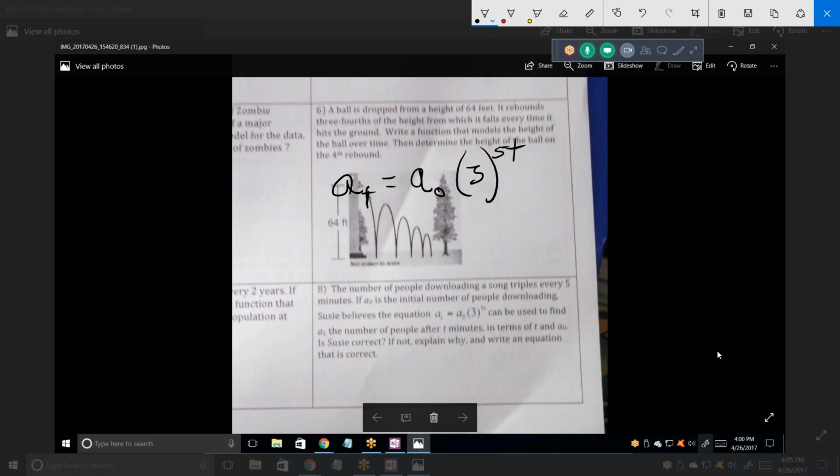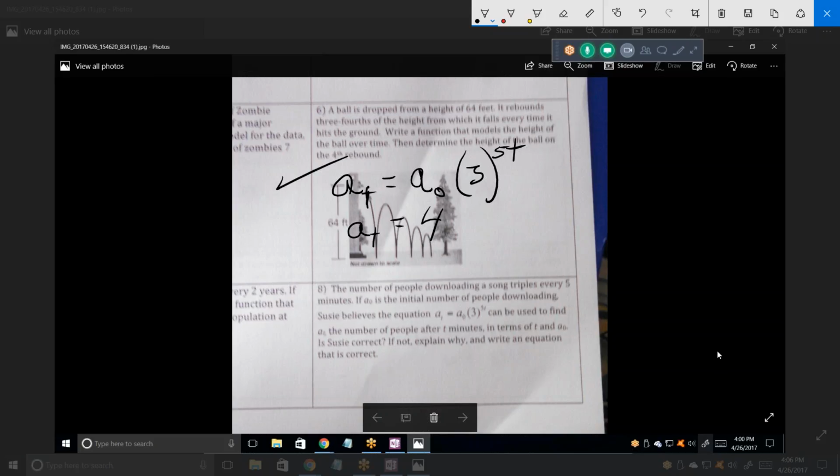Let's assume that we've got 4 people downloading it at the very beginning. So that we know that after 5 minutes there's going to be 12, and after 10 minutes there's going to be 36. Well, let's see if this equation produces those answers.